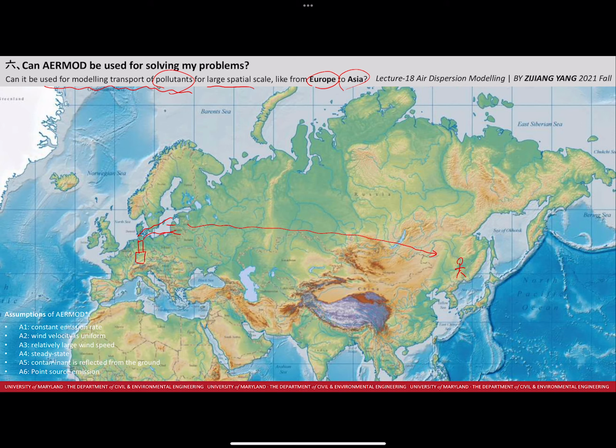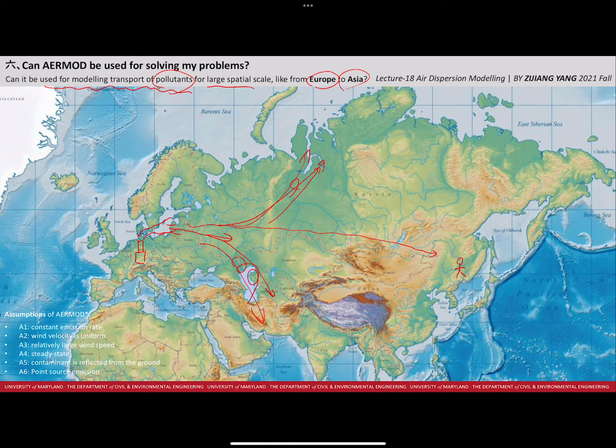Yes. So the key is wind direction, because the wind will not be the same across this large area. And even though we have a constant speed, we know that because of the rotation of the Earth, it will be something like the right-hand rule, I forgot.